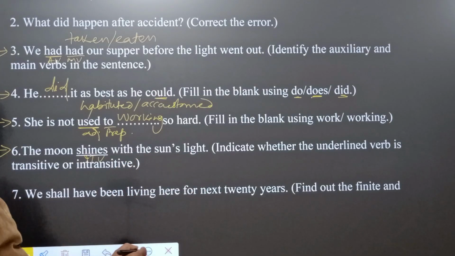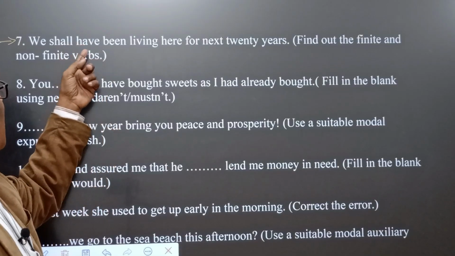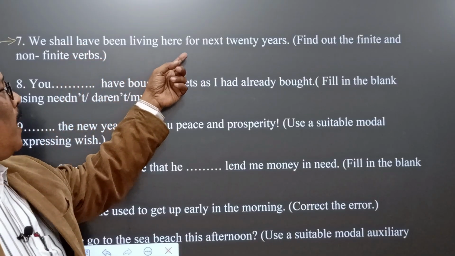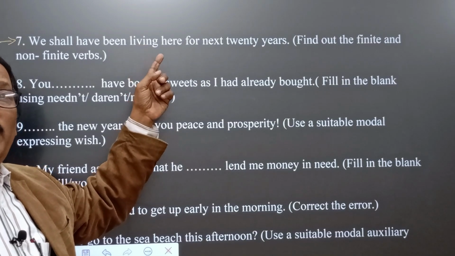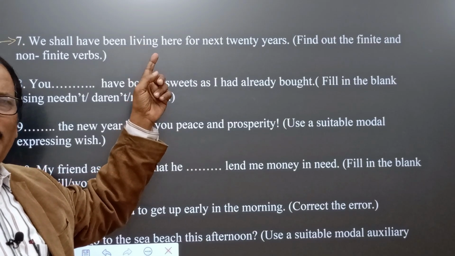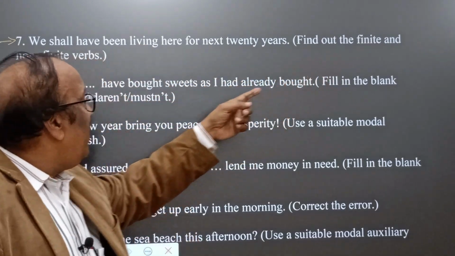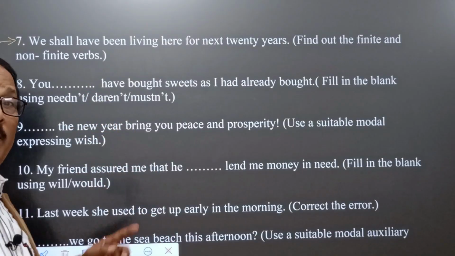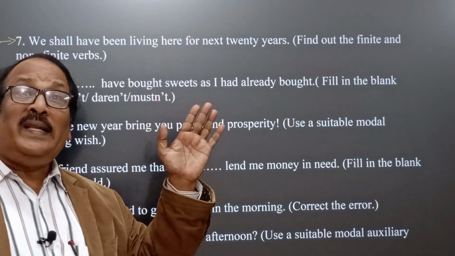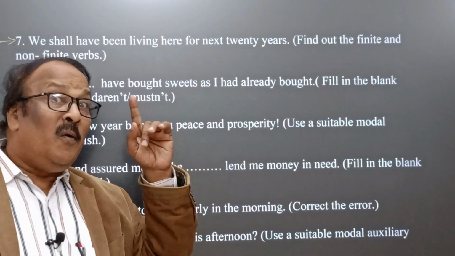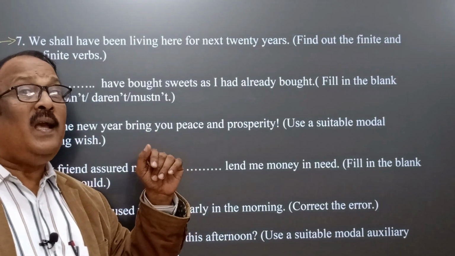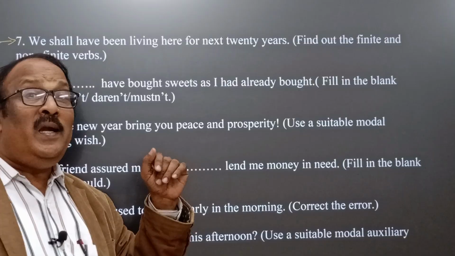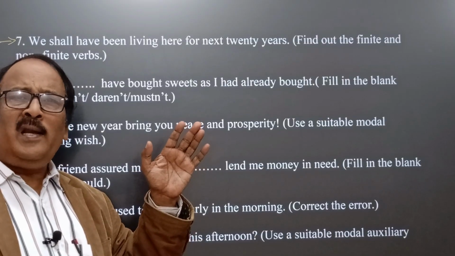Next, question number 7. We shall have been living here for next 20 years. This is a future perfect progressive aspect. Find out the finite and non-finite verbs. Remember that whenever there is a verb phrase, the first verb is the finite verb because it takes a tense. Non-finite verbs don't take a tense.